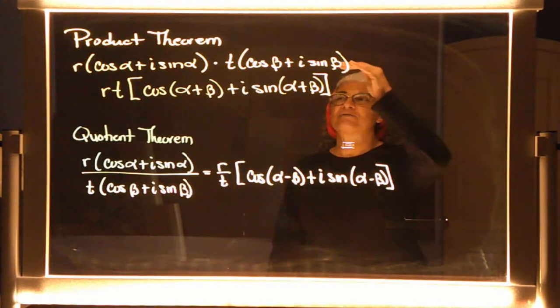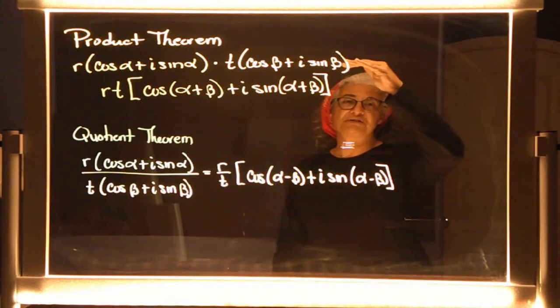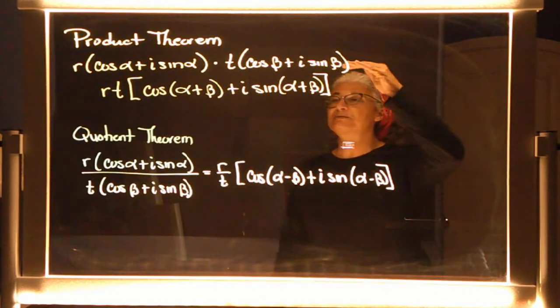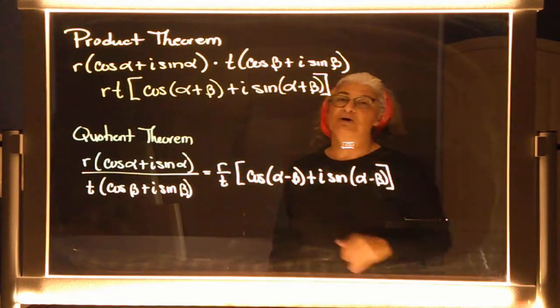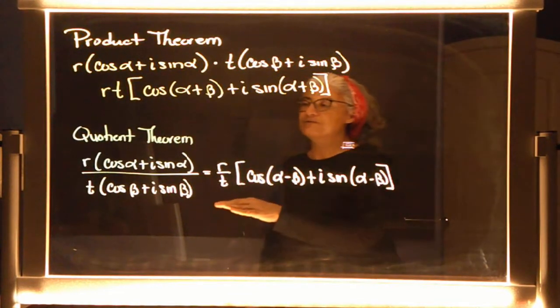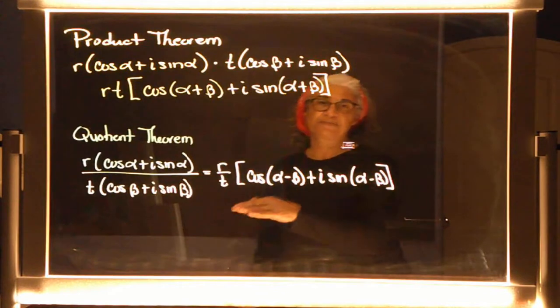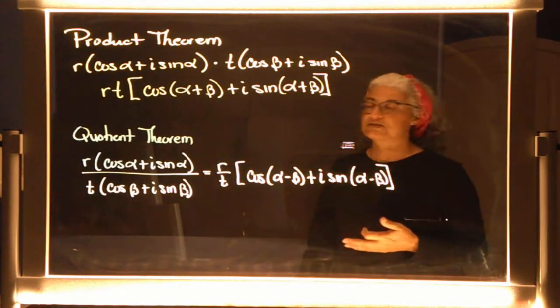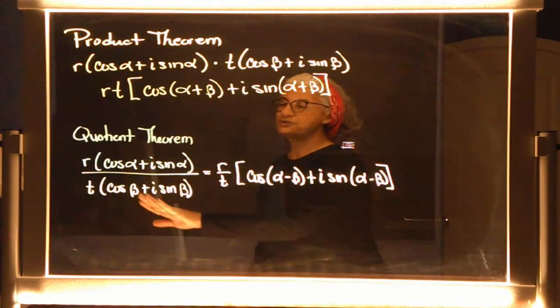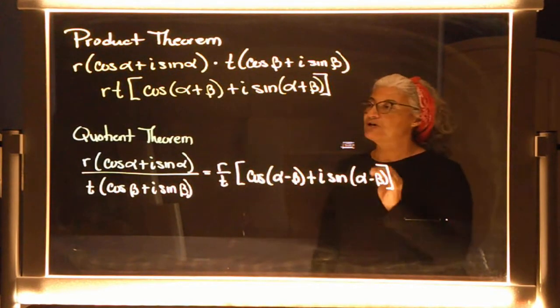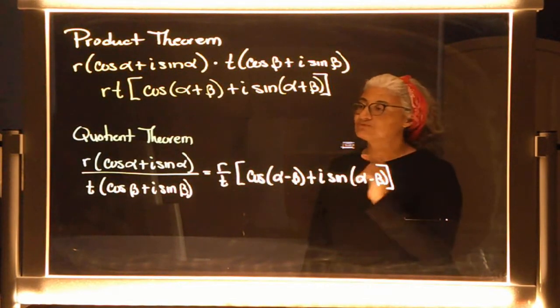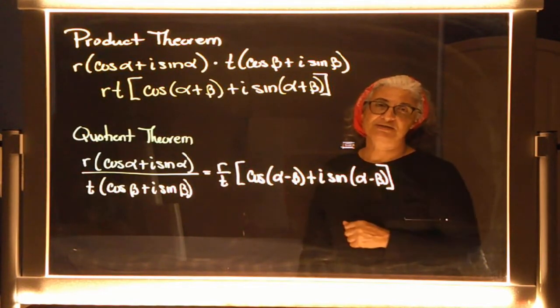That's how we get from the multiplication of these polar form complex numbers into this actual formula for multiplying polar form complex numbers. And the same thing over here. This is the quotient theorem, and we're still using the sum and difference formulas. So when I literally do this division, this is what I get right here. Okay? So pause the video, write these down, and I'll be back with some examples.